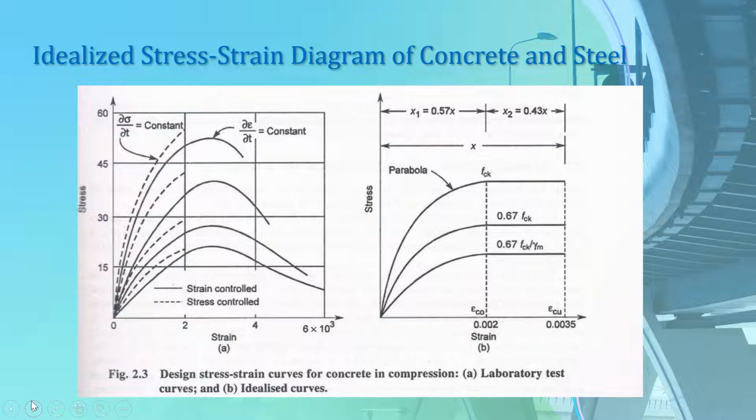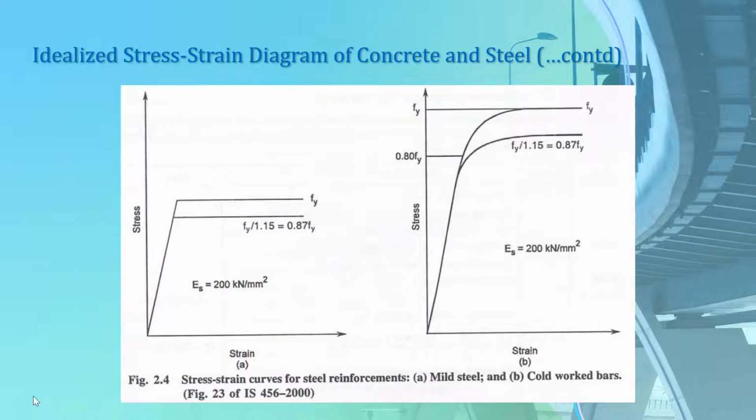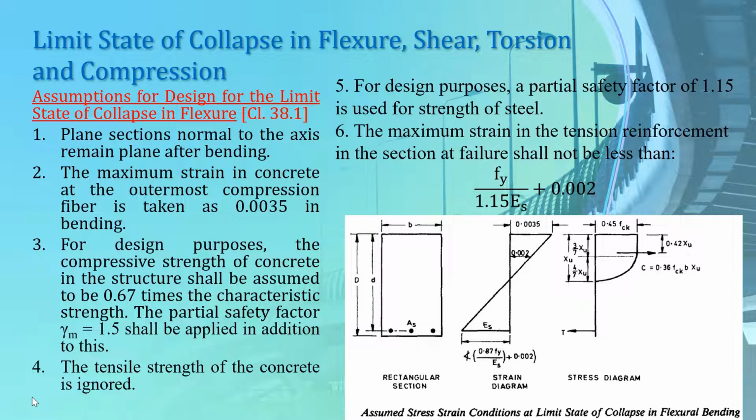Now let's look at the idealized stress strain diagram of concrete and steel. Now we are left with some topics. First, we will look at the idealized stress strain diagram, then we will look at the same for steel. Then we will talk about some assumptions that are used in the design for the limit state of collapse in flexure.